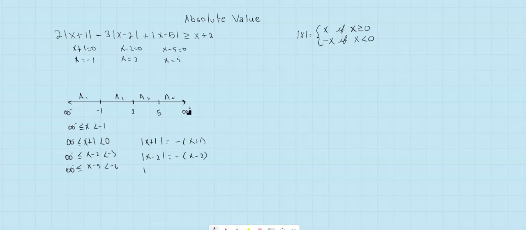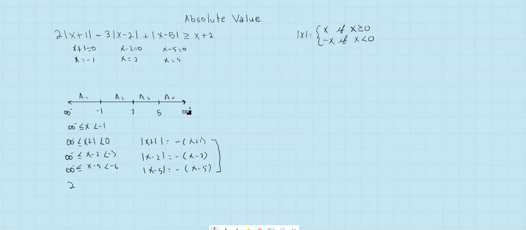And our third is x minus 5, and it's also negative because it's between negative infinity and negative 6. And what we want to do is get all of these values right here and put them into the absolute value equation.